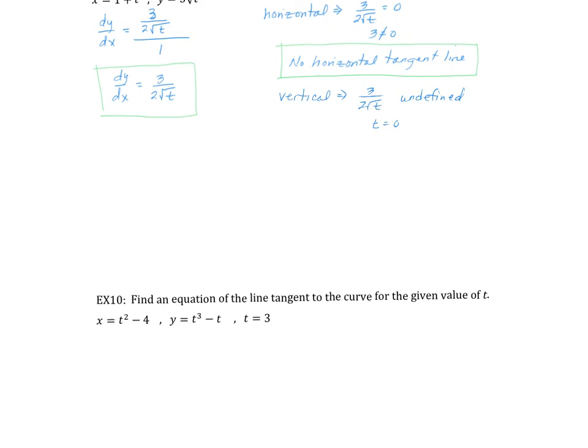So at what point, because we're supposed to find the point where we have a vertical tangent line, well, put in t is equal to 0 into our parametric equation, and we get the point 1, 0. So there's a vertical tangent line at 1, 0 when t is equal to 0. So we'll write that out. Vertical tangent line at 1, 0 for t equal to 0.